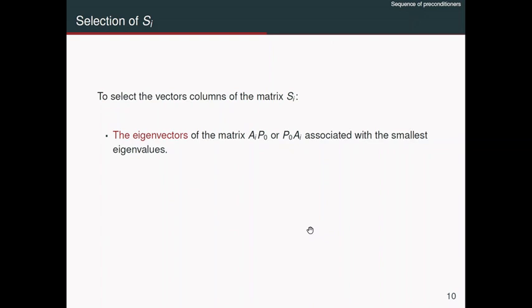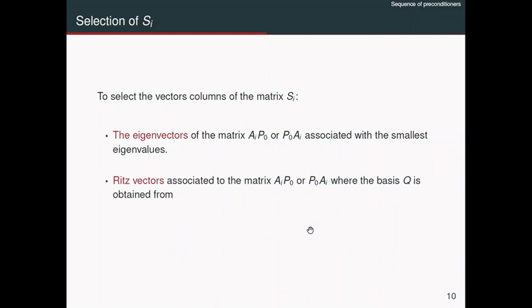However, this computation at each time step is very expensive, so we use approximate vectors associated with both matrices, where Q is a basis that is obtained from the Gram-Schmidt process or from the previous solution, where an orthonormalization process is applied to the previous solution.